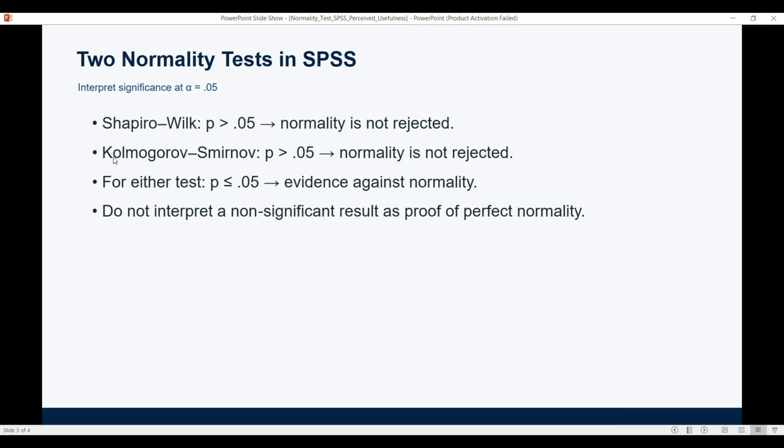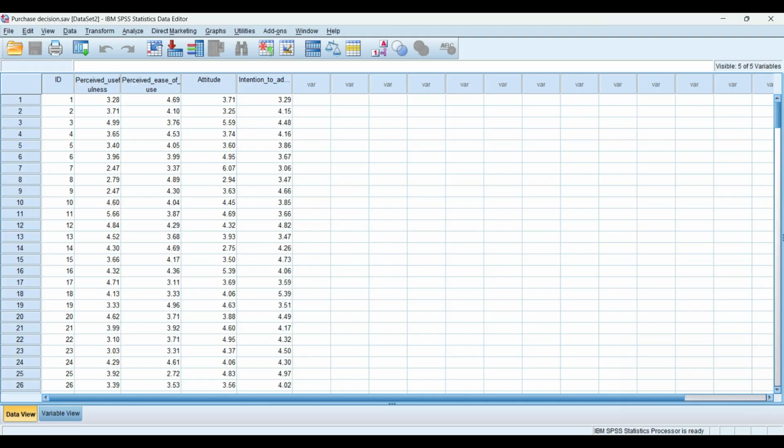As well as in case of the Kolmogorov-Smirnov test, the p-value should be higher than the significance level 0.05. In that case we can say that the data is normal. And if the p-value in both cases is lower than the significance level, then we say the data is not normal.